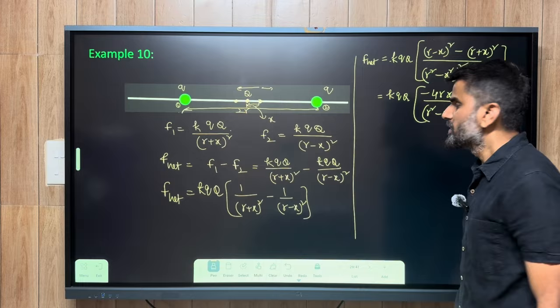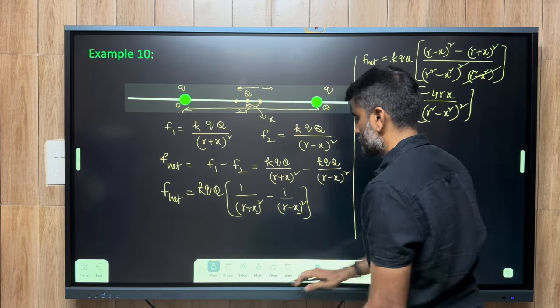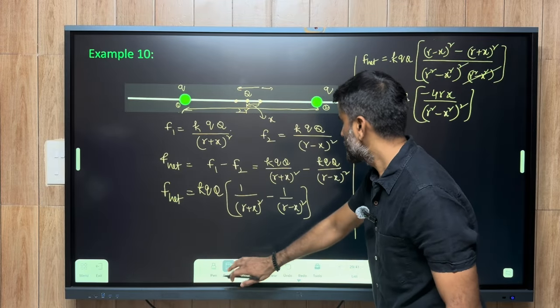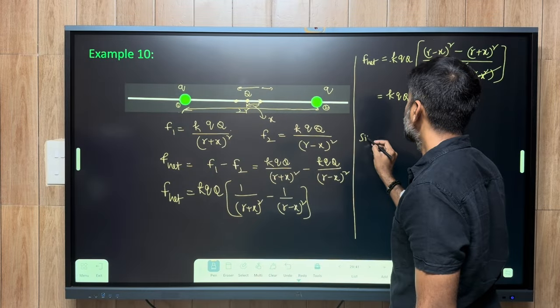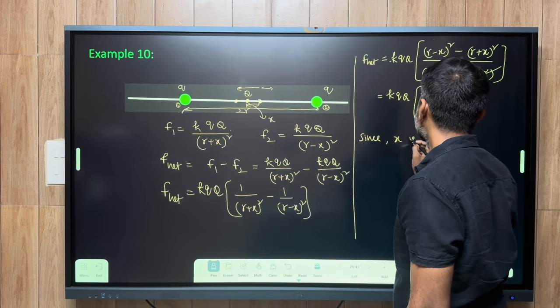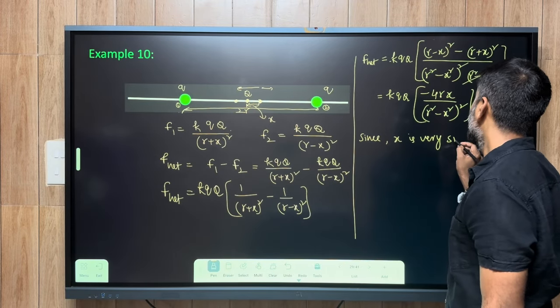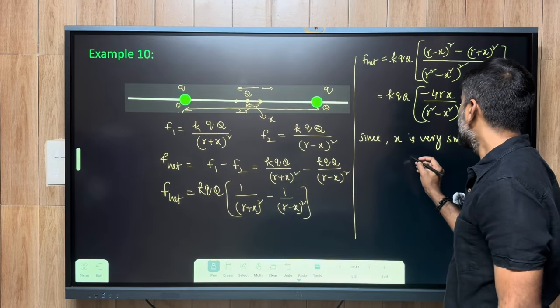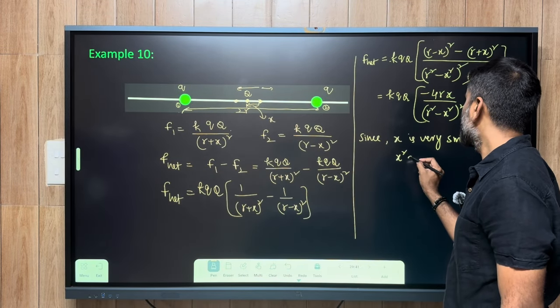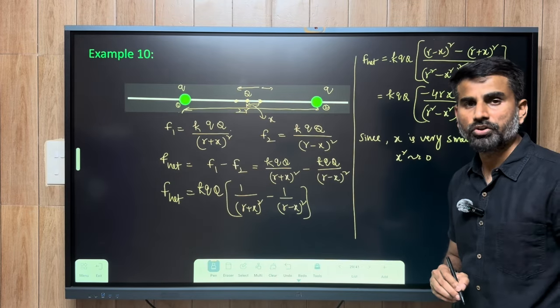Since x is very small, higher order terms can be neglected. x square tends to 0.